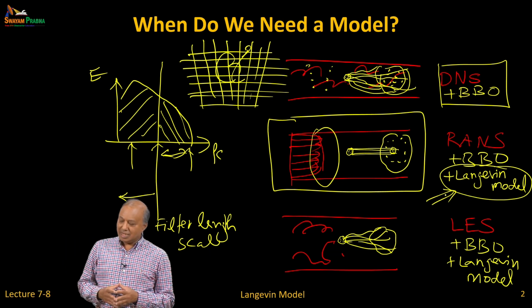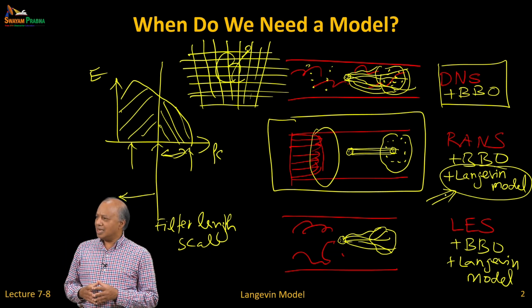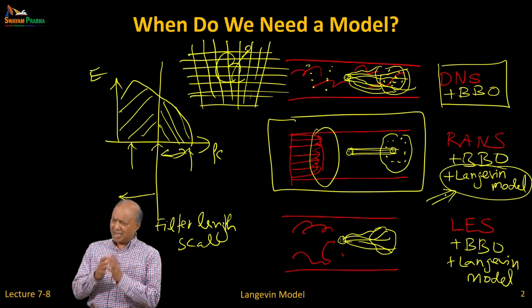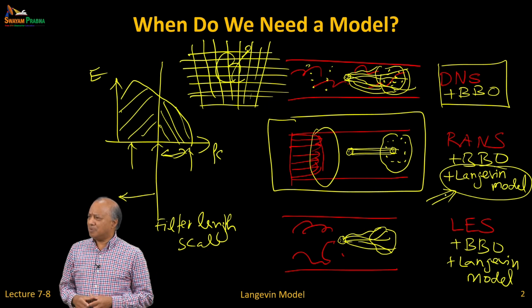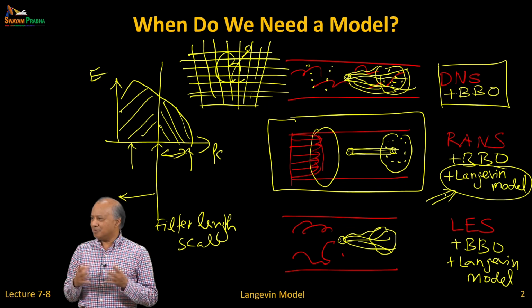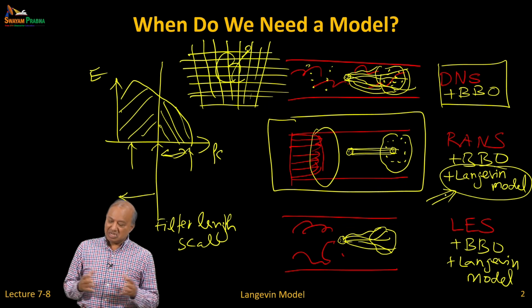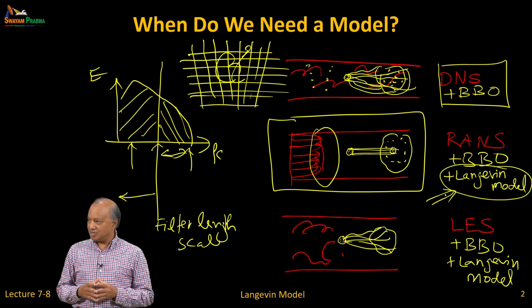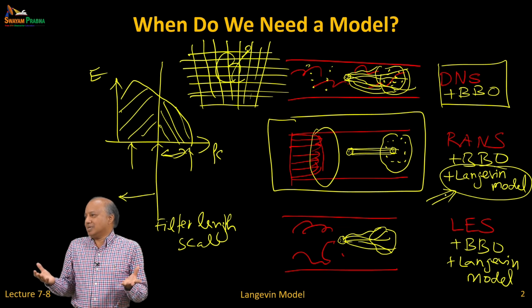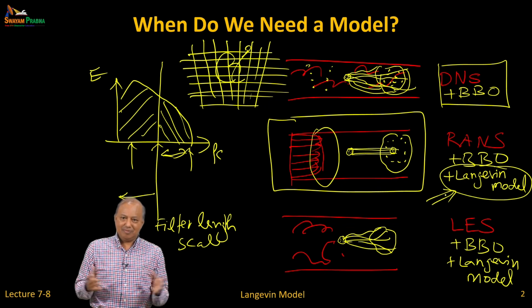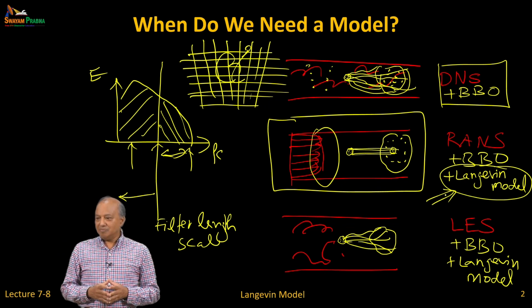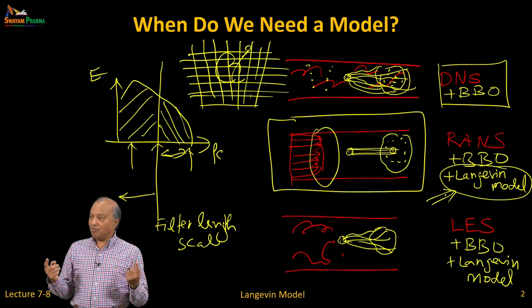But in DNS, your grid is so dense and it's 3D, time dependent, all the turbulence is being computed. So in DNS you have all the turbulence computed, so just track the particles and you don't have to do anything. In RANS, it's much more convenient because you have only one dimension.